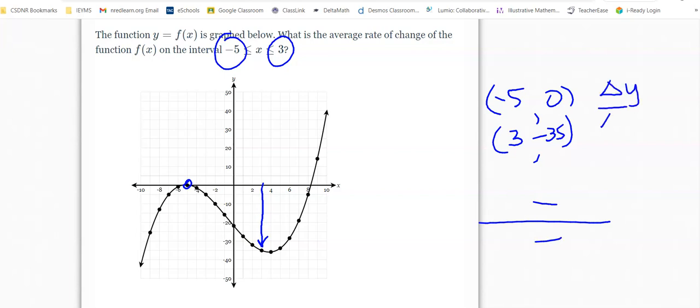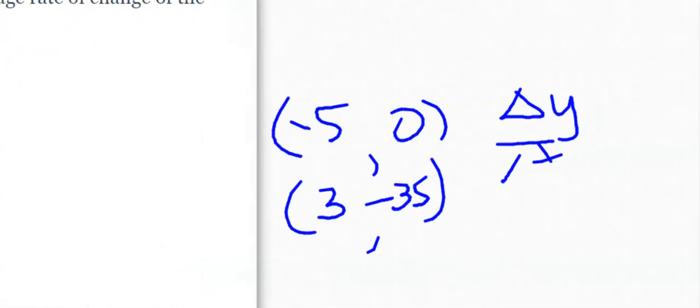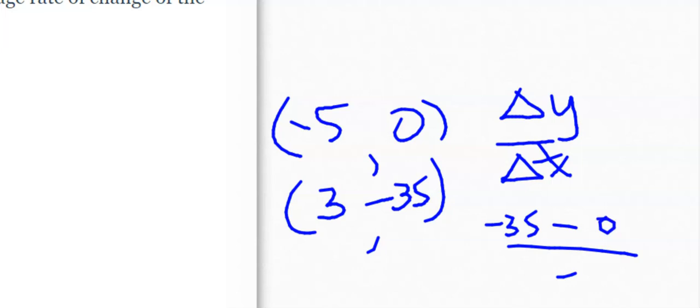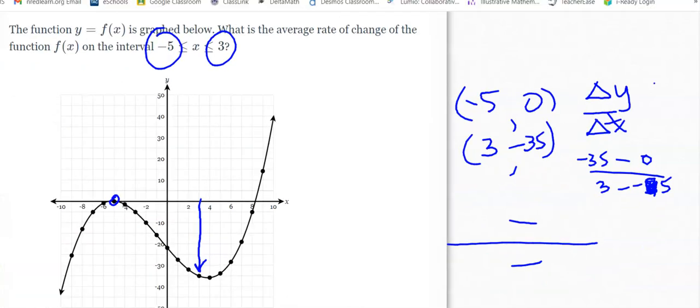Now we're going to use the rate of change formula: y minus y over x minus x. So -35 minus 0 over 3 minus -5.